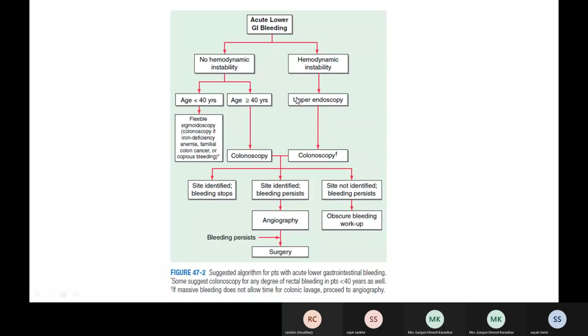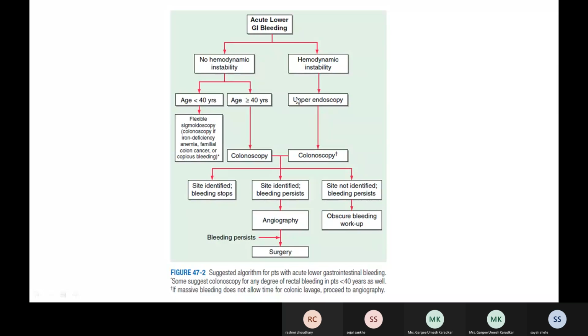Then packed red cells when available, or whole blood if massive bleeding is there, to maintain the hematocrit levels, and FFP, that is fresh frozen plasma, and vitamin K to reduce the bleeding has to be provided.